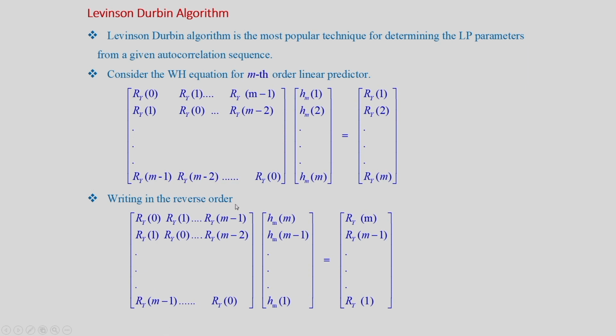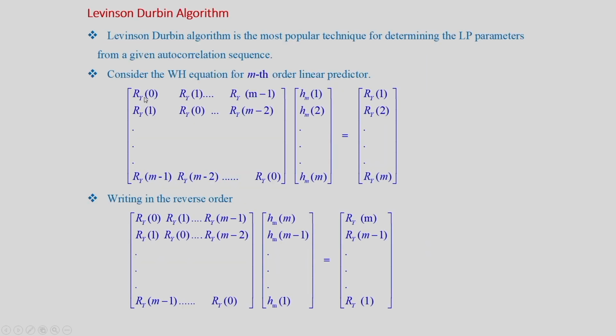If we write the coefficients in reverse order, the right hand side also has to be inverted accordingly, so first r_ym and then up to r_y1. That way, by reversing the order of the coefficients, we get this equation.